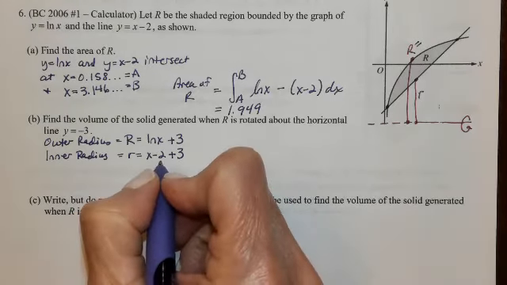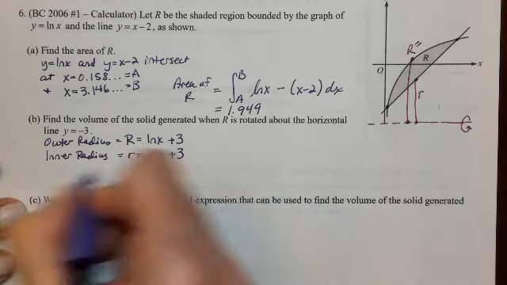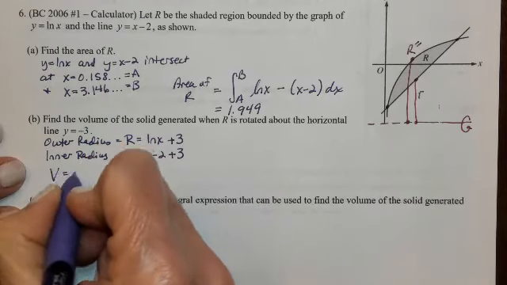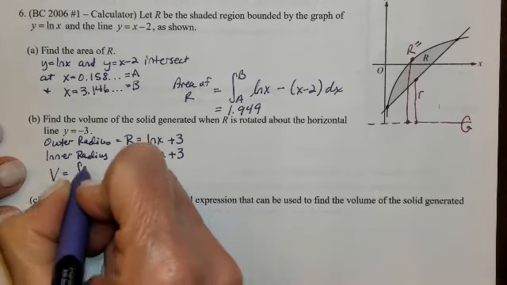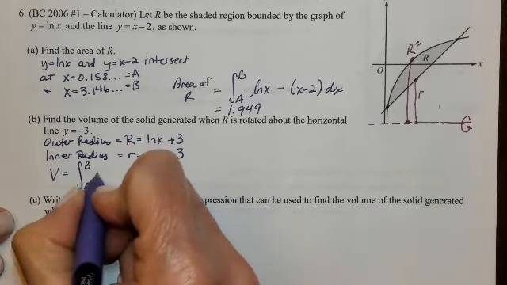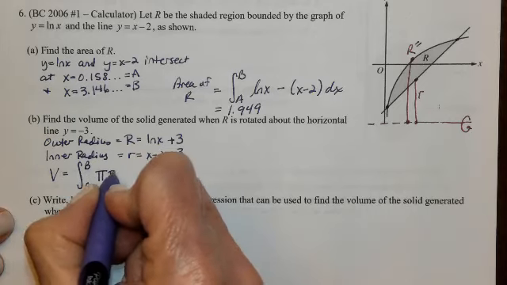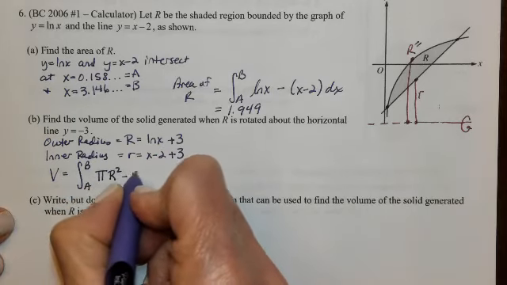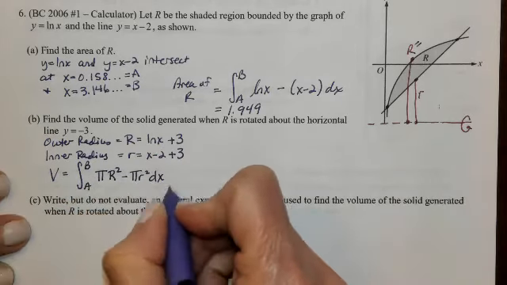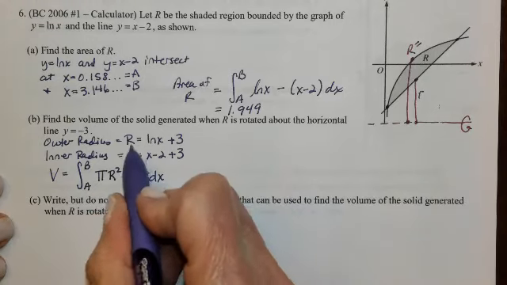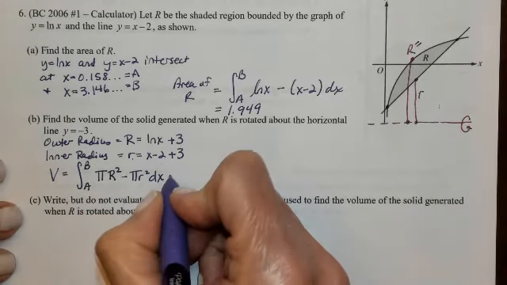Okay? So the volume will be the integral from a to b still of pi times my big R squared minus pi times my little r squared. Since I named it these letters, I can go ahead and keep it that.